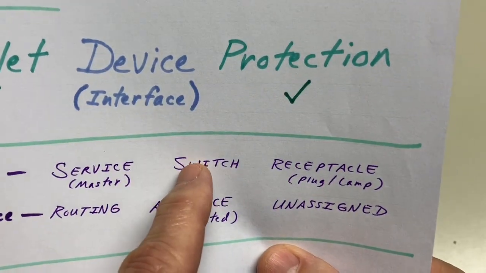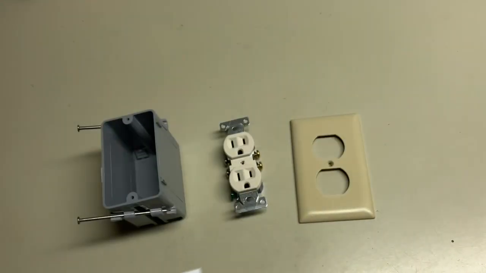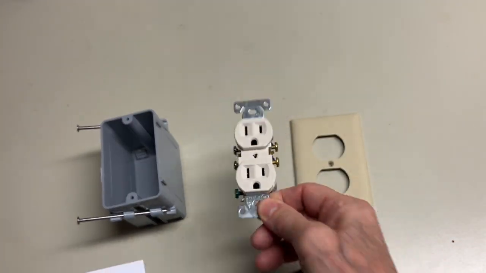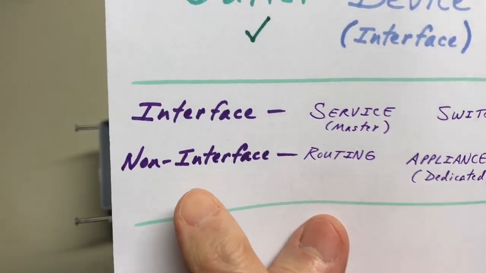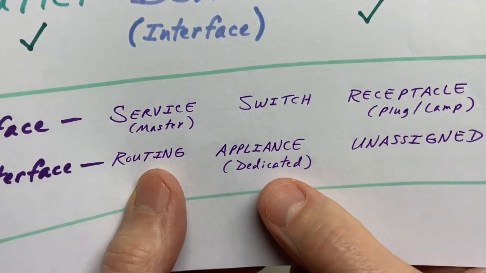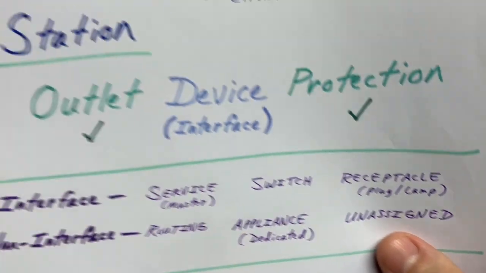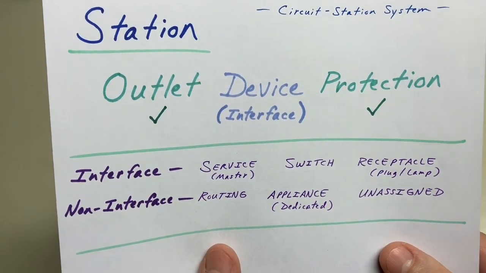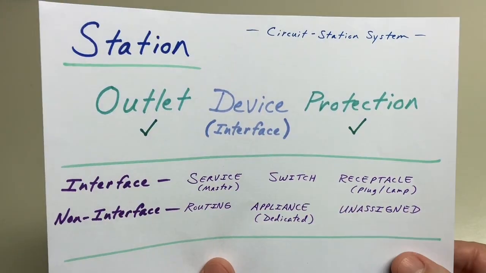Your switch station and your receptacle station. They use a device, or what I call an interface, all right? The three stations that don't use an interface would be your routing station, your dedicated appliance station, and the unassigned station. So there you have three that are kind of interfaced, as I would call it, and three that are not interfaced, all right?